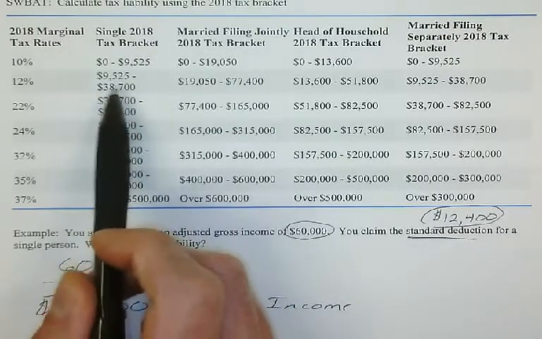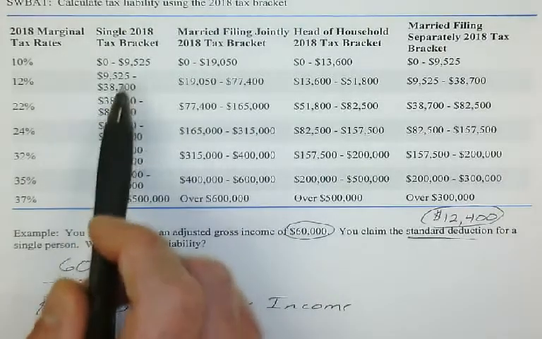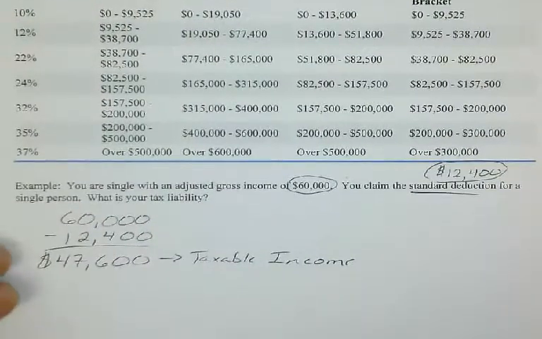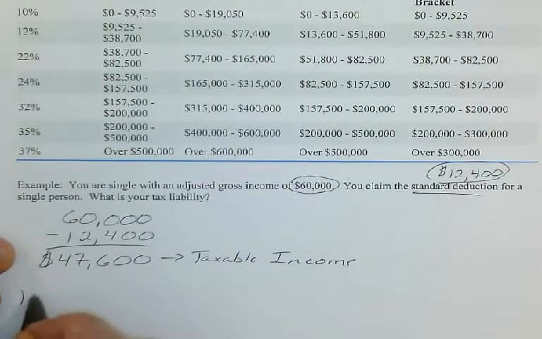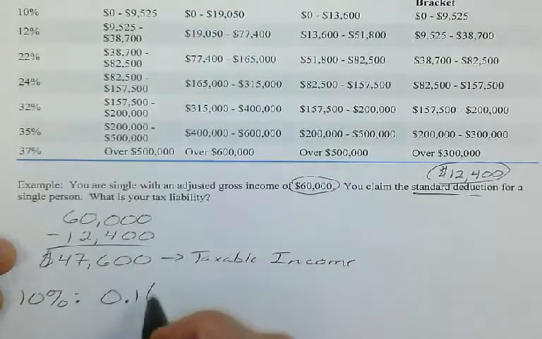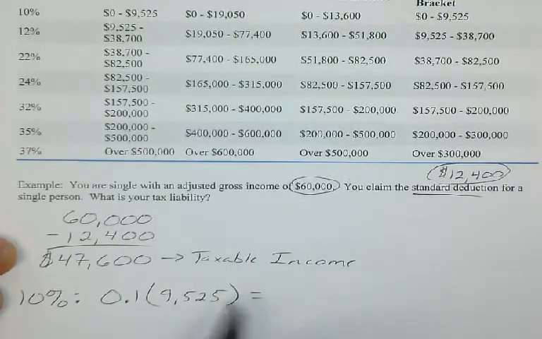The first $9,525 that this person makes is going to be taxed at 10%. So part of this person's money will be taxed at 10%. Let's figure that out. We take 10% as a decimal, 0.1, times $9,525.